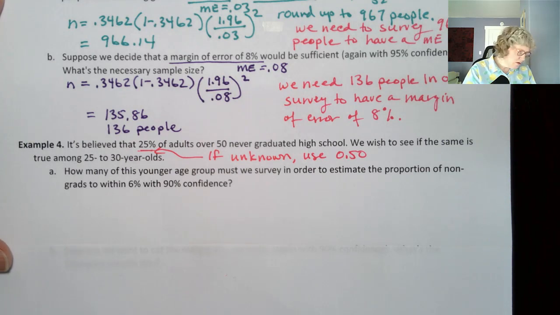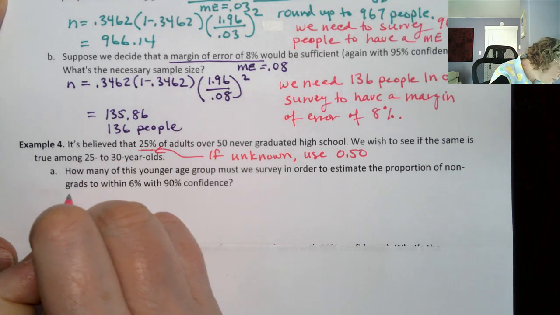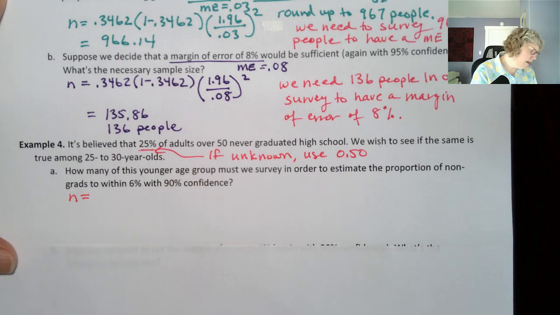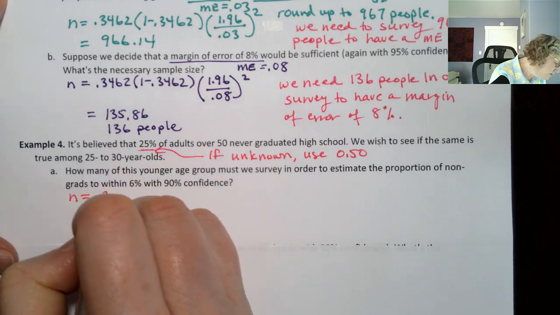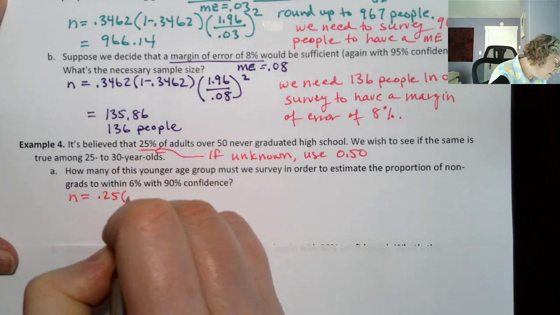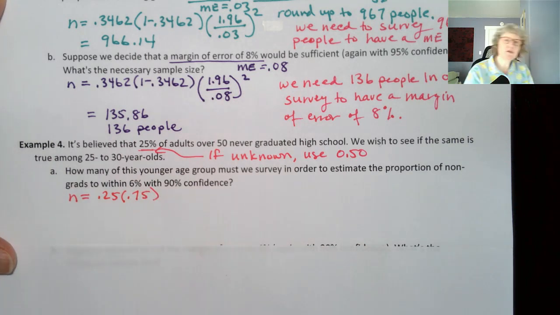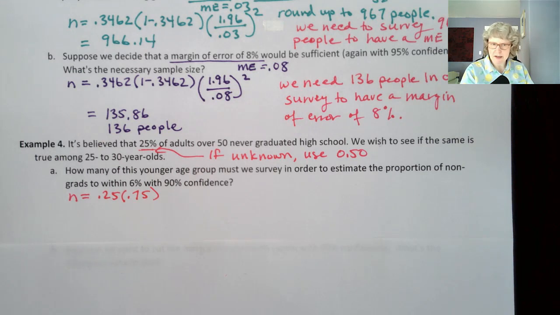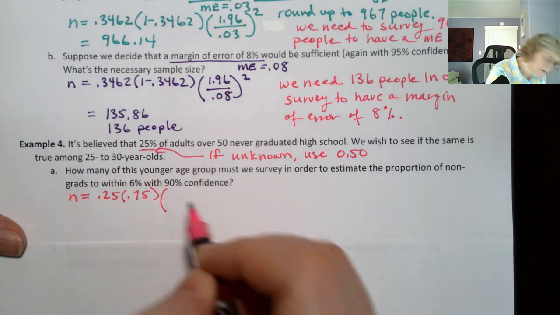Okay, so let's start our formula, n equals p hat q hat, so 0.25. I like this one because I can do it in my head. 0.25 times 0.75, or you can always do 1 minus 0.25 to get the 0.75. So that's my p hat q hat over z star.